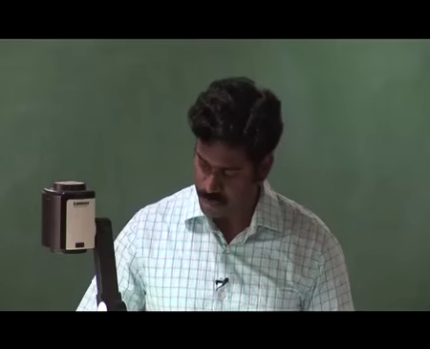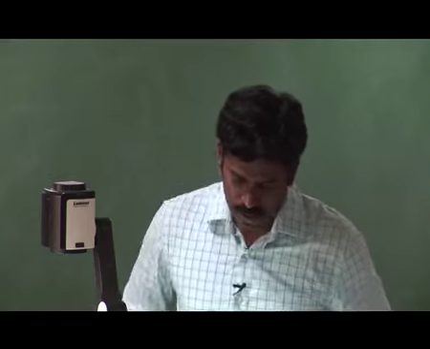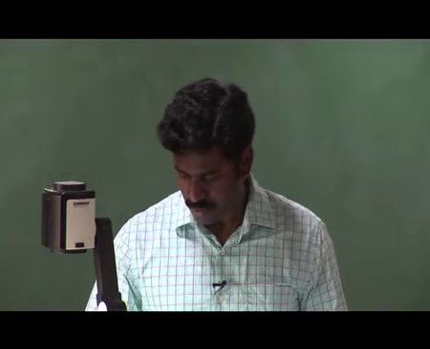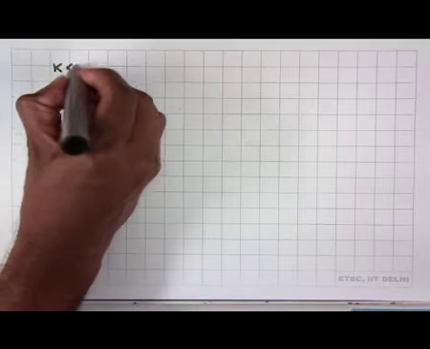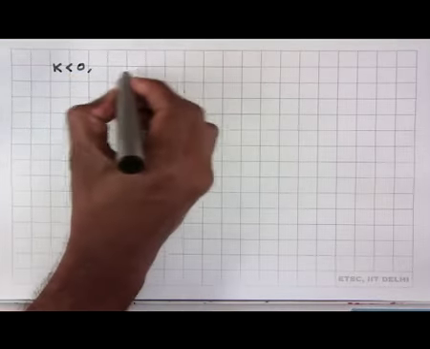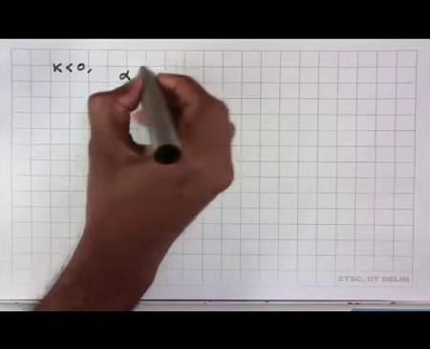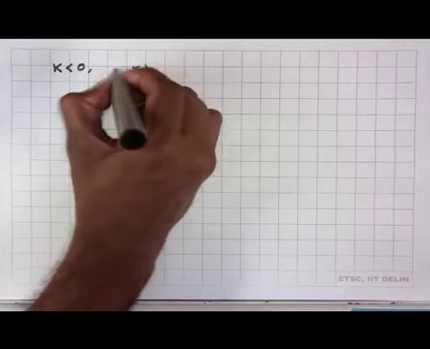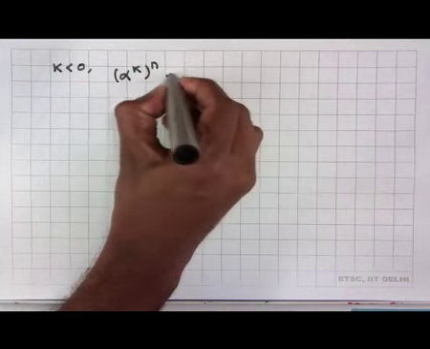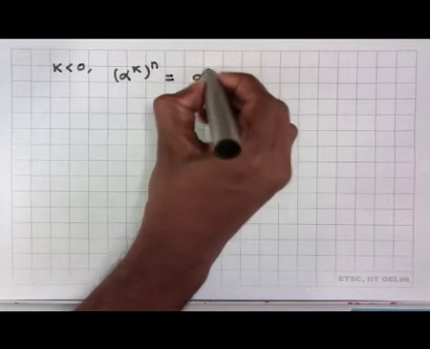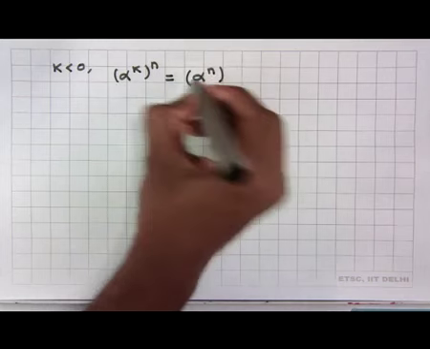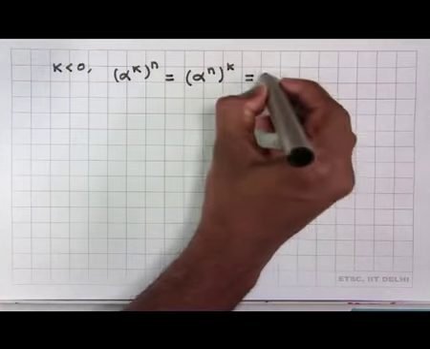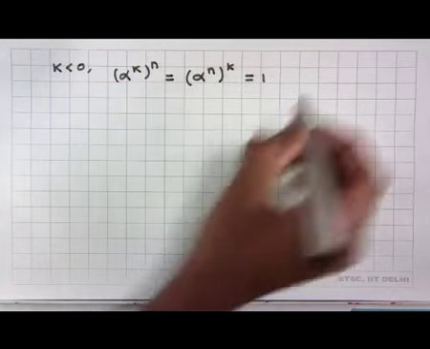Similarly, one can observe for k negative, say for k less than 0, if we consider alpha power k and power n, one can verify that this is again same as alpha power n power k, which is again 1.